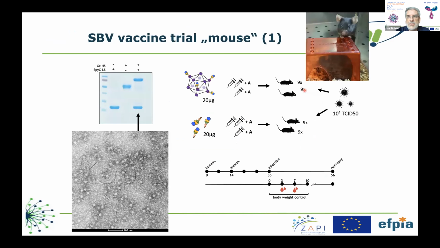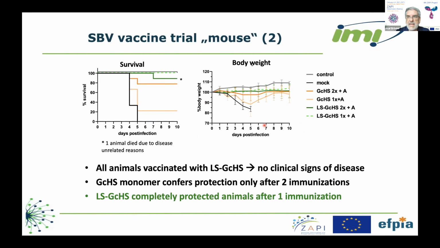And we will later on hear much more, but again, here in this nice animal model, we compared the subunit and the particles with the Qc head and the stalk, and you could see immediately there is complete protection, and even no body weight goes down. And it's obviously enough to have 1 immunization if you use the head domain with the stalk.